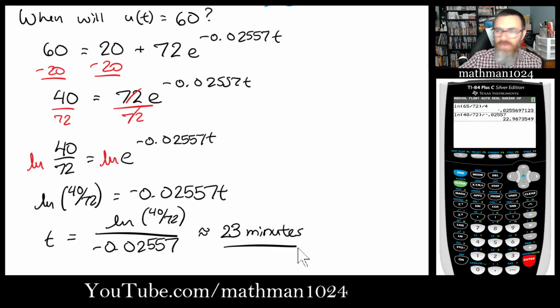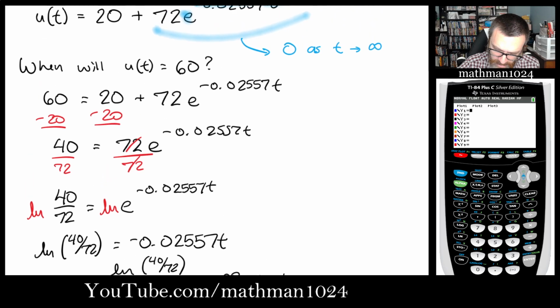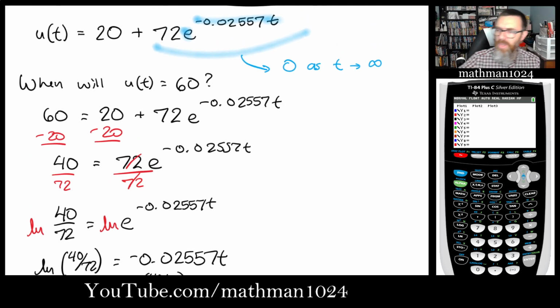So let's go to the graphing calculator and have it do some of this extra work for us. We're going to graph our function, which is 20 plus 72 e to the negative 0.02557 x.